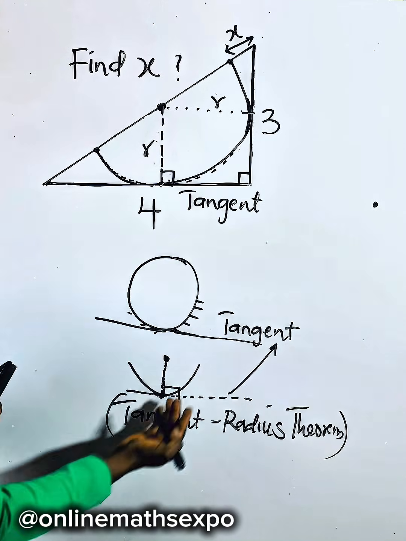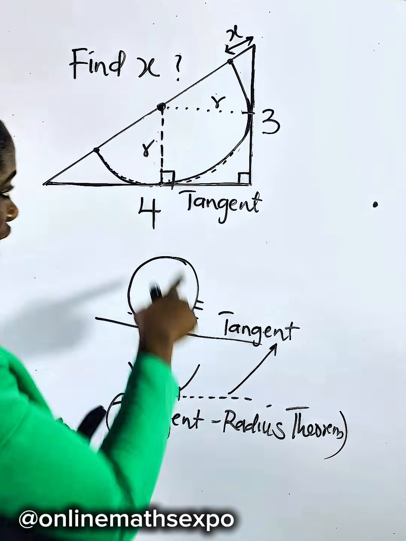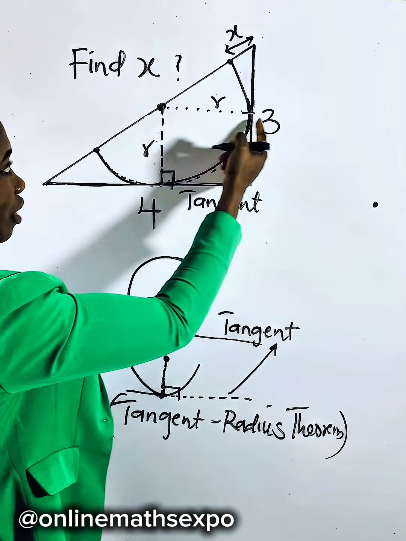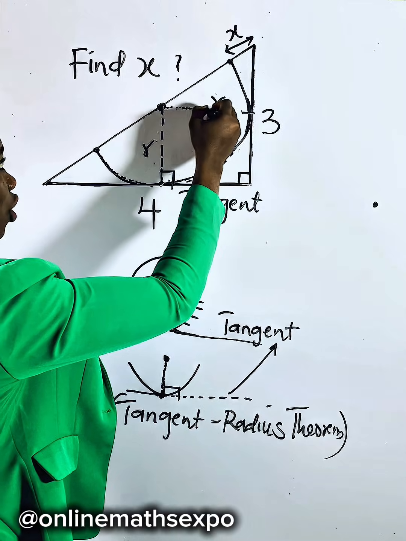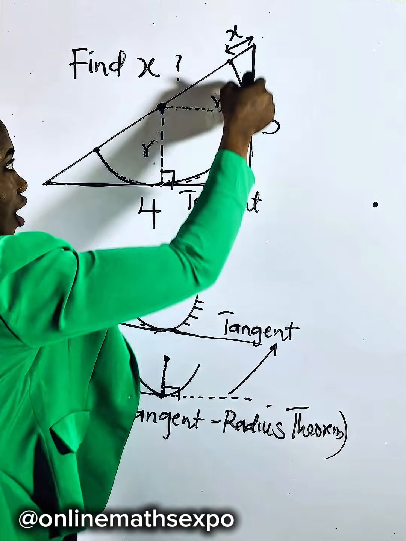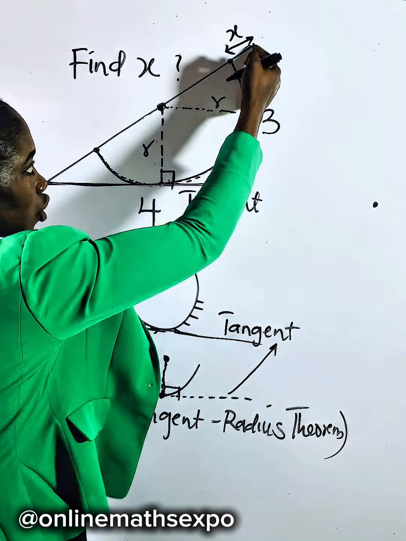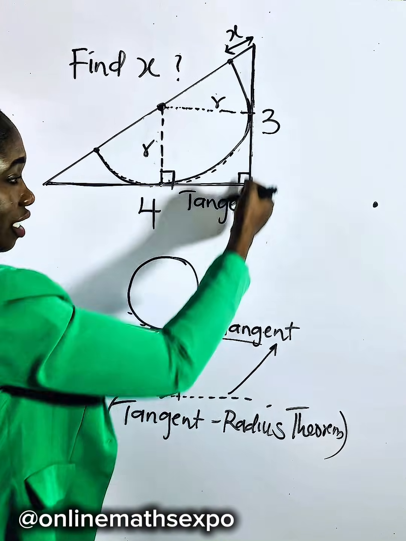So in that case, if you obey what we stated here, you see we have formed angle 90 at this point. And if you go back to this, you see that this is also your radius. Coming in contact, this line now becomes the tangent because this part of the semicircle is touching this line. So we call this line the tangent.